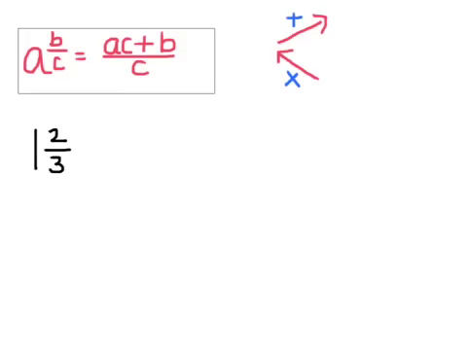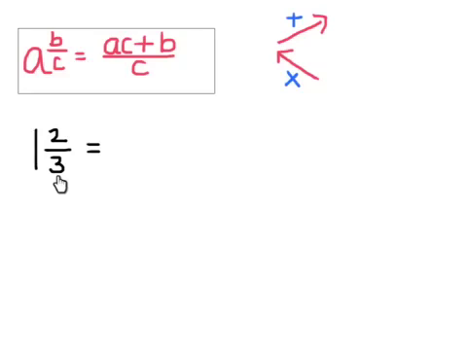Now, if we consider 1 2/3, we know that this is a mixed number because it's a combination of the whole number, the 1, and the fraction, which is the 2/3. So we multiply the 3 by the 1 and then add the top number, which is the 2, and then divide our answer by the denominator, which is the 3.